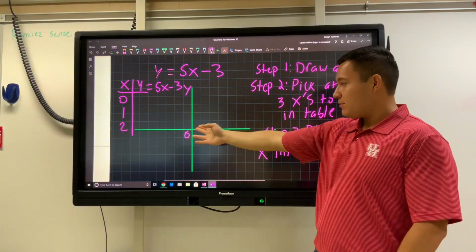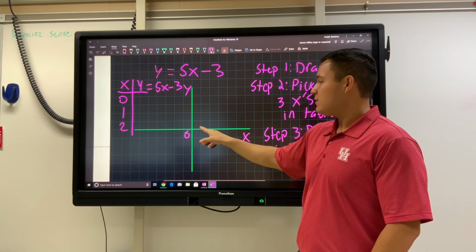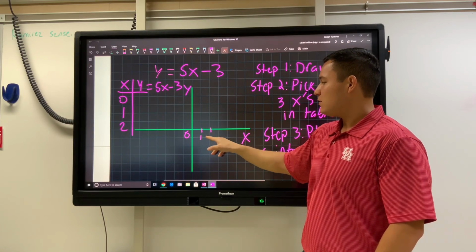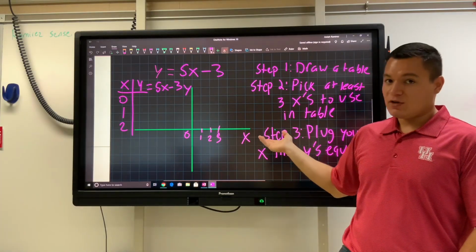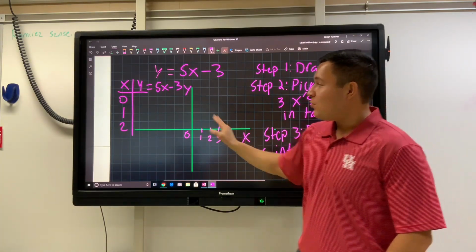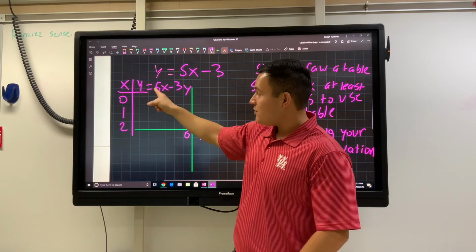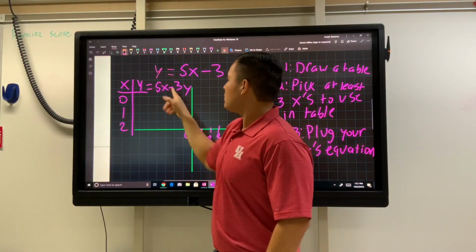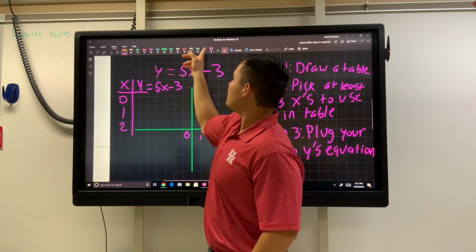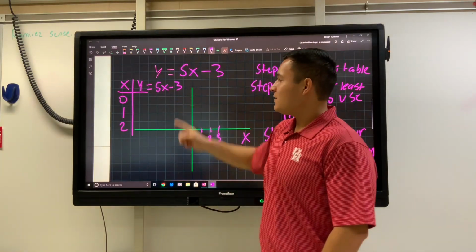X is just some number on this axis. So 1, 2, 3. X is just some number in space. But once you plug it into the equation for y is equal to something times x, let me erase this y so it doesn't look like we're going to do that. Y is equal to 5x minus 3.